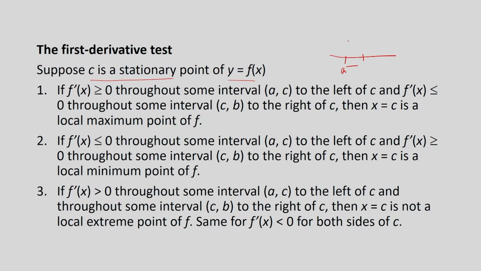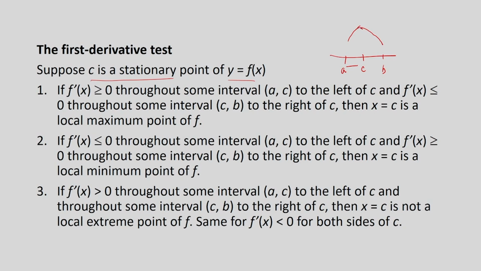So, you have something like this to the left of c, and f dash of x is less than or equal to 0 throughout some interval c to b. So, suppose b is here to the right of c. So, it is like this. Then x is equal to c is a local maximum point of f, right.